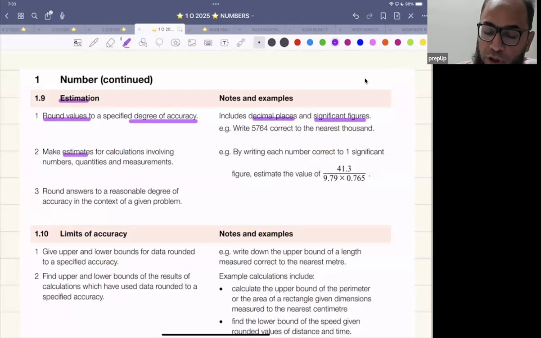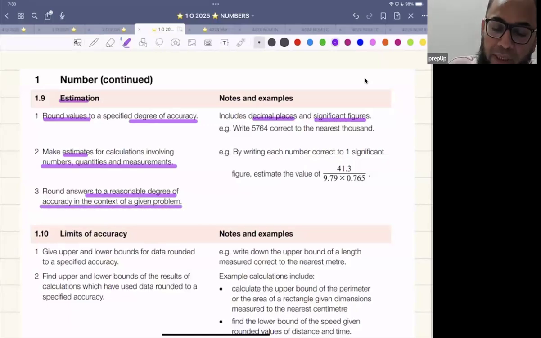Make estimates for calculations involving numbers, quantities and measurements. Round answers to a reasonable degree of accuracy in the context of a given problem. So this is basically the name originally, and I like that name. This is called estimation and approximation. It's not just estimation, it's estimation and approximation.